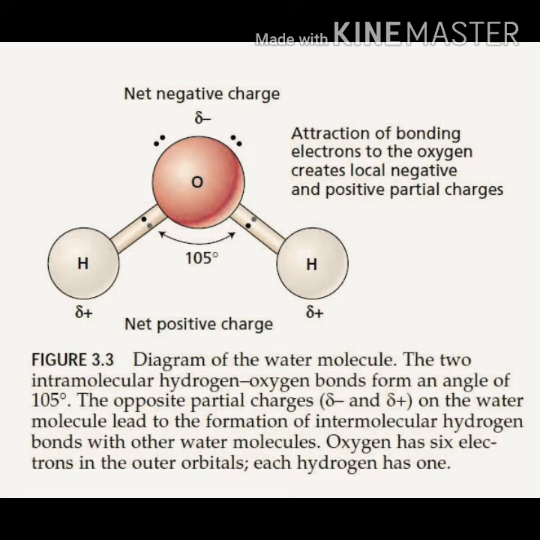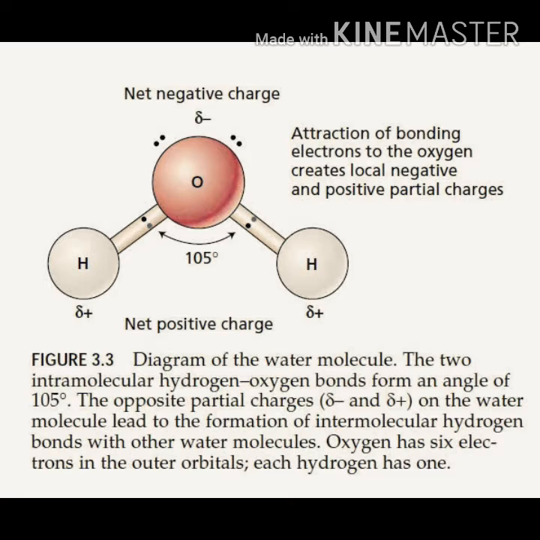As you take the electronic configuration of oxygen, it has 6 electrons in its outermost shell, whereas 2 electrons are unpaired, which combine with hydrogen.